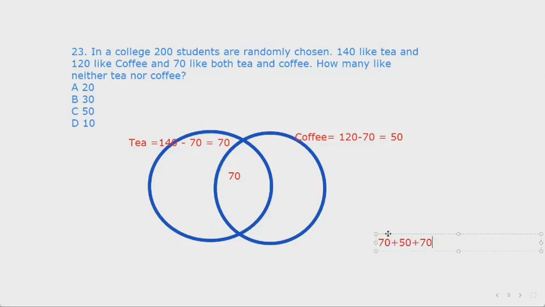The first 70 is for tea, the second 50 is for coffee, and the last 70 is for the people who like both. This comes out as 190. The total population was 200, so 200 minus 190 is equal to 10. That makes option D our right answer.